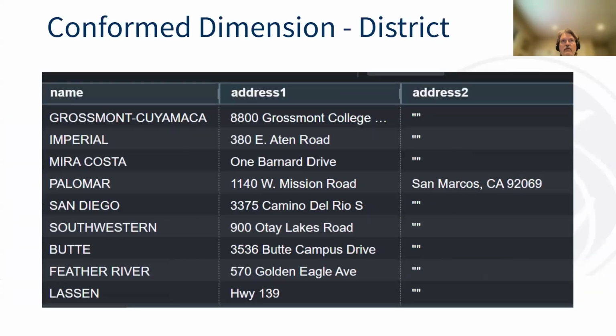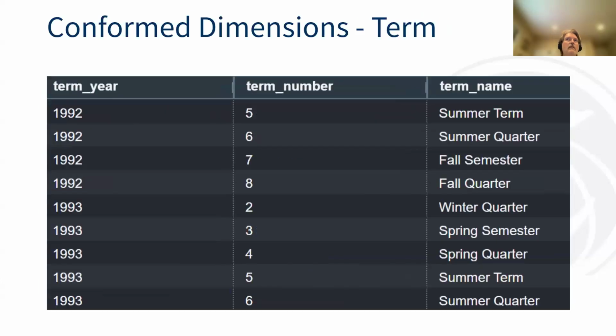There's also district, which is what we call a snowflake dimension. That's on top of the college. And so you can group things by a district if you wanted to slice and dice that way. Term is something that was developed some time ago, and I've done some enhancements on it.